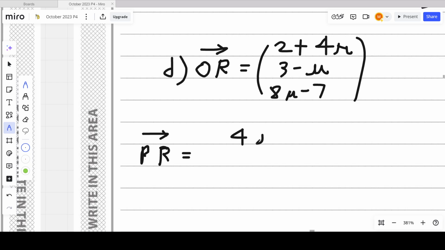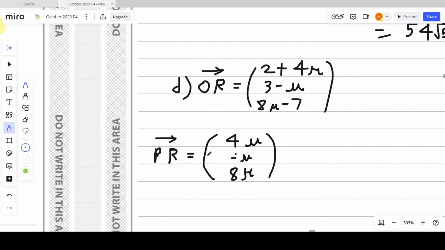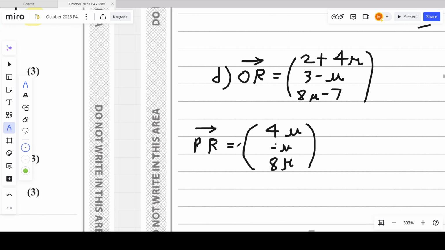That's why it will be just the parameter, so that would be 3 minus mu. So it will be negative mu, and then 8 mu, because point P lies on line L2 also. Make sense? So we got PR.